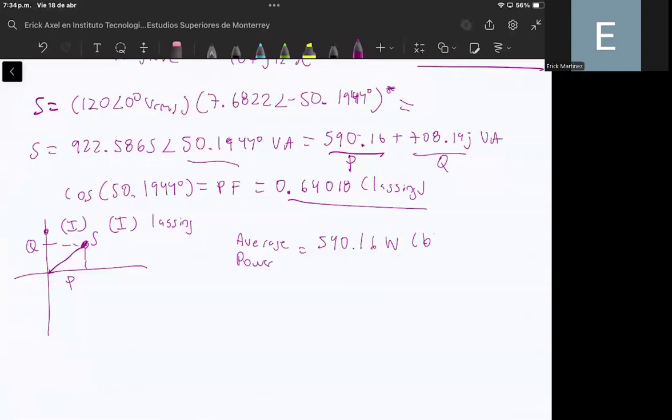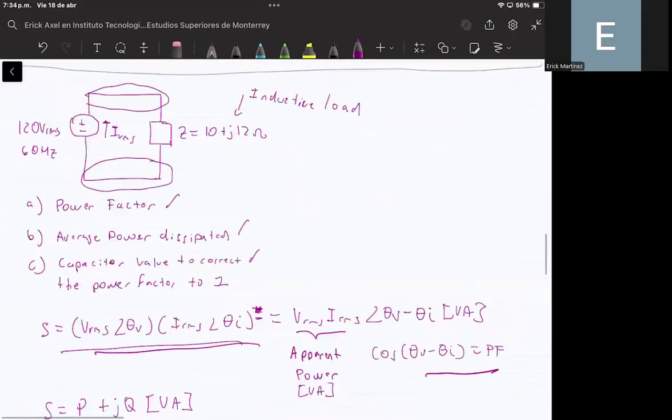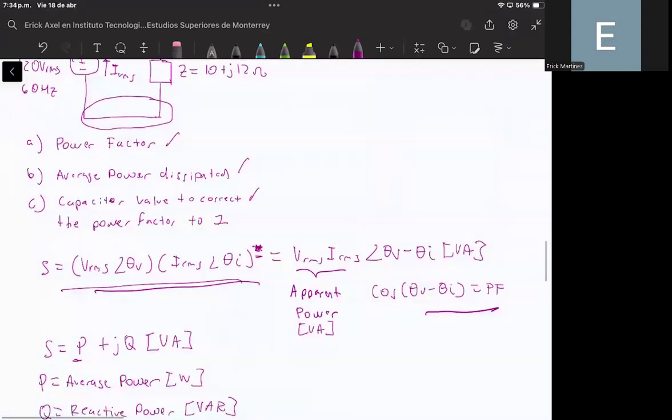This is the result of point B, and the power factor is the result of point A. Now, once we have done that, we need to find the value of the capacitor in order to correct the power factor of the circuit.